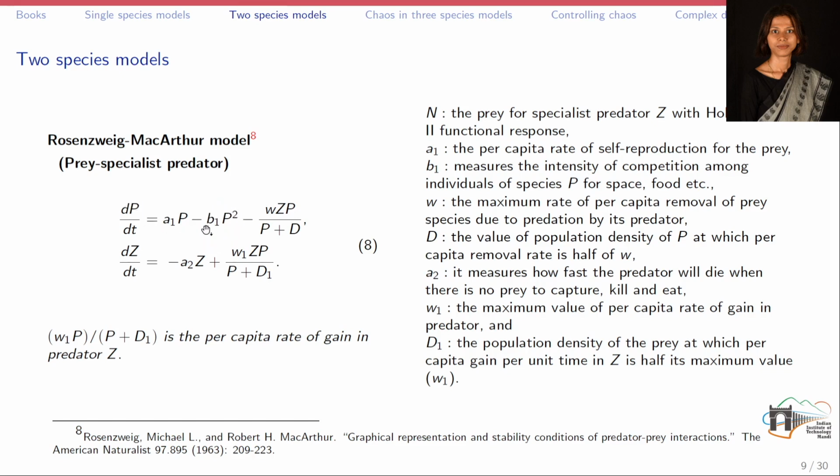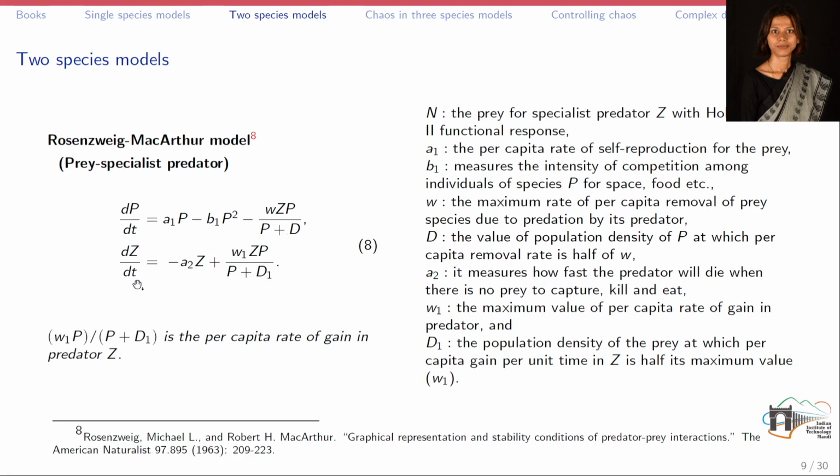It causes decay due to competition among the individuals of the prey. And this term, W, is the maximum rate of per capita removal of the prey species due to predation by its predator population Z. It follows a Holling type 2 functional response, and this causes the loss in the prey population.